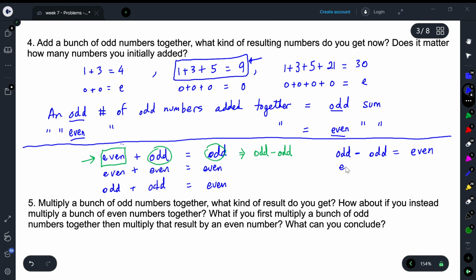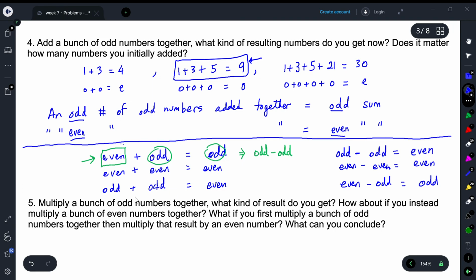What about an even minus an even? Hopefully, it's also obvious that we can do the same thing here. If an even plus an even is even, well, an even minus an even must be even. And finally, if an odd plus an odd is equal to even, then an even minus an odd is equal to an odd.